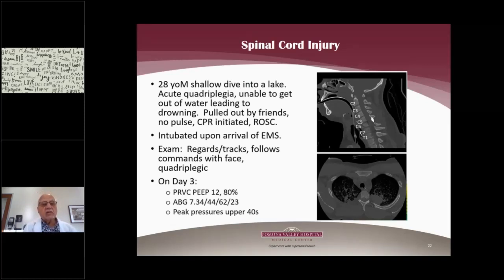He's intubated on arrival. He was given CPR, and exam shows that he does follow commands but he's quadriplegic. On day 3, he's on pressure regulated ventilator support with PEEP of 12, 80% oxygen. His peak pressures are high at about 40.